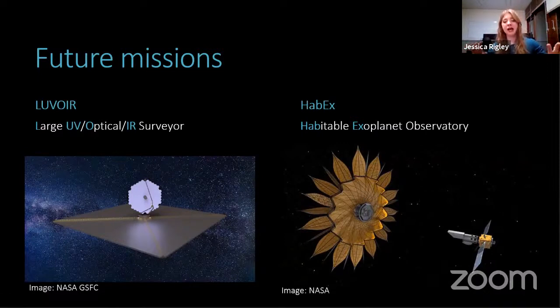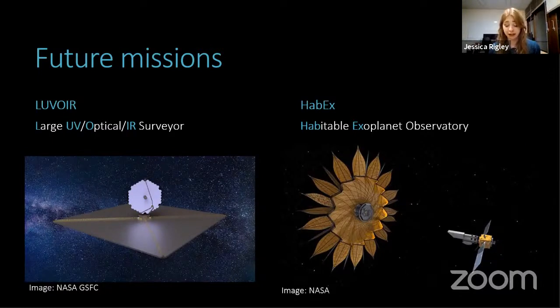And essentially they have to communicate with each other so that they line up. And so the telescope points at the star, and then the star shade aligns itself so that it covers just the star. And then you can block out the light from the star and see things really close to the star, hopefully.